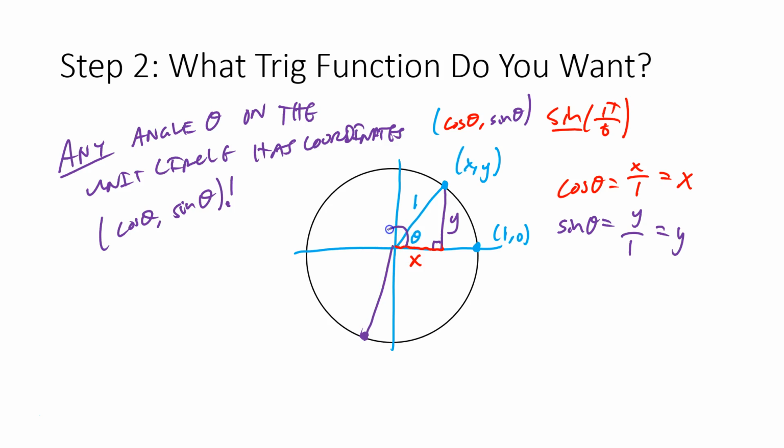Okay, so theta comes all the way around to here. In that case, it looks like theta would be almost 270 degrees. Maybe it's 4 pi over 3. But the coordinates here would be cosine of theta, comma, sine theta. That's pretty nifty. So any point that you have on here, positive, negative, whatever, the coordinates there will be the cosine of that angle theta that gets you there and sine of that angle theta that gets you there as well. So now we have to figure out what these values actually are.